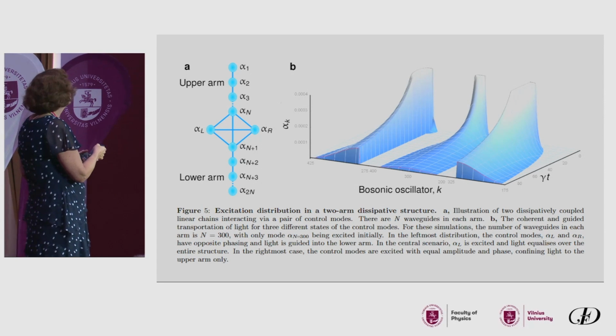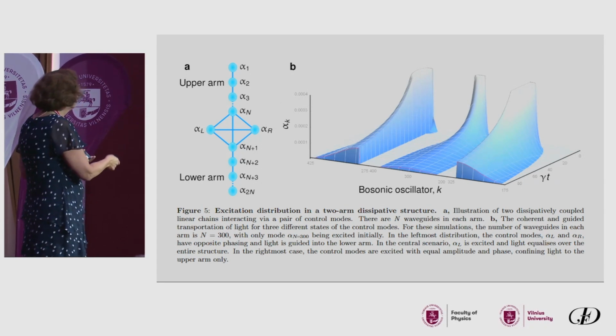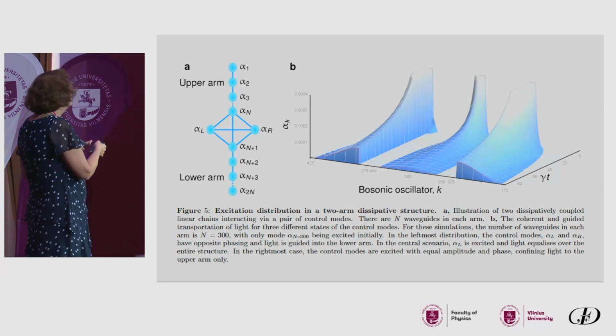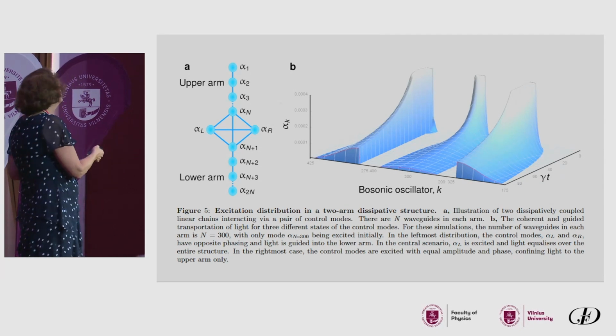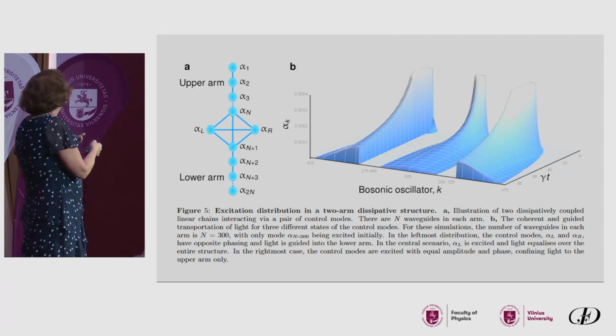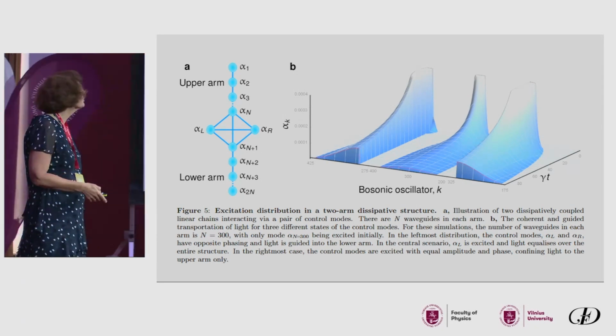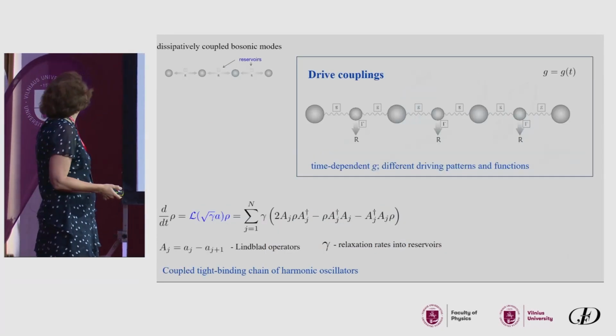For example, if you inject coherent light with opposite phases, all light will go here. Inject coherent light with the same phases, all light will go here. Or if you just leave them alone, it will propagate equally. So you can arrange different routing regimes.